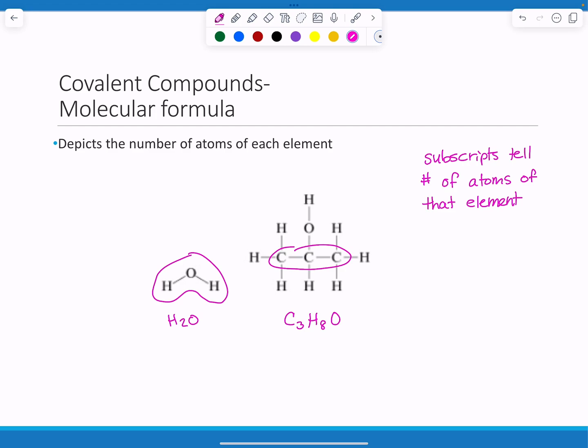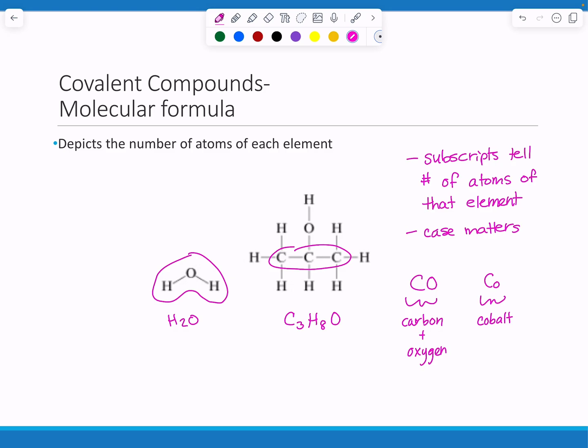Remember, case matters. I could write CO, both capital, or I could write C with a little o. CO is carbon and oxygen, but Co is a different element, the symbol for cobalt.